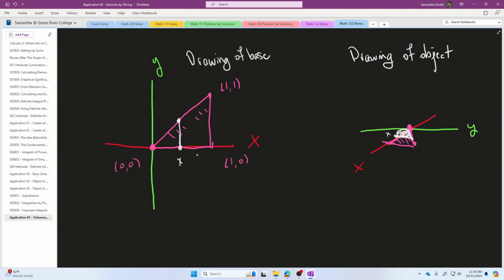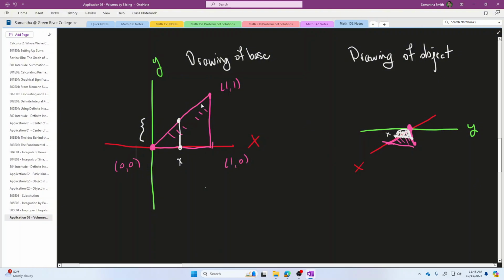Now, question. Based on the information given in this problem, based on the information given in this picture, can you tell me how long is that slice that we just cut? Well, I'm noticing that this entire diagonal line here in pink is connecting (0, 0) and (1, 1).